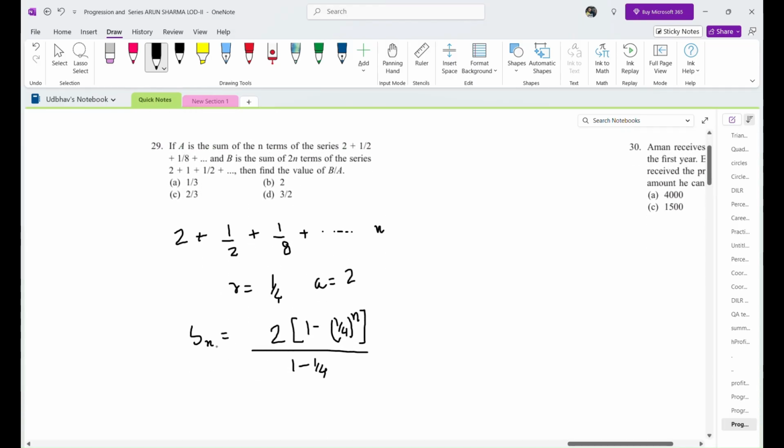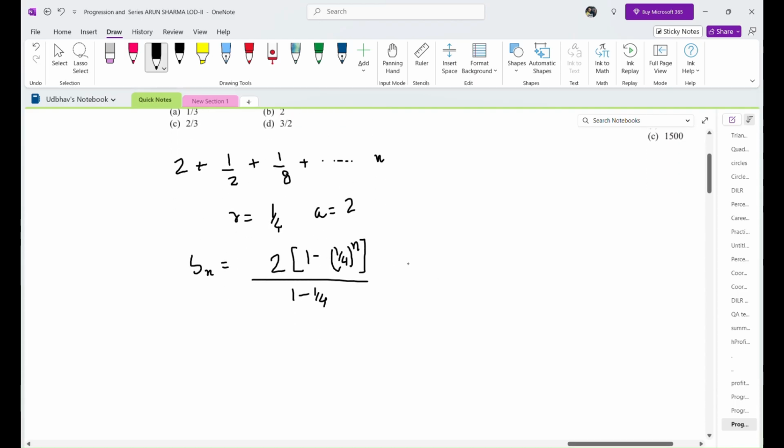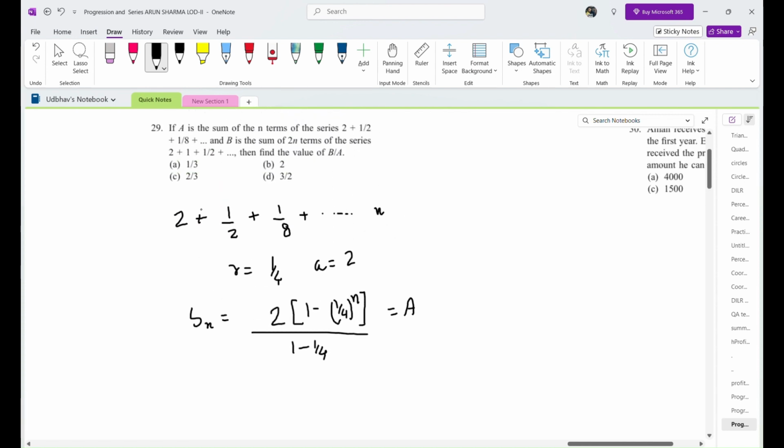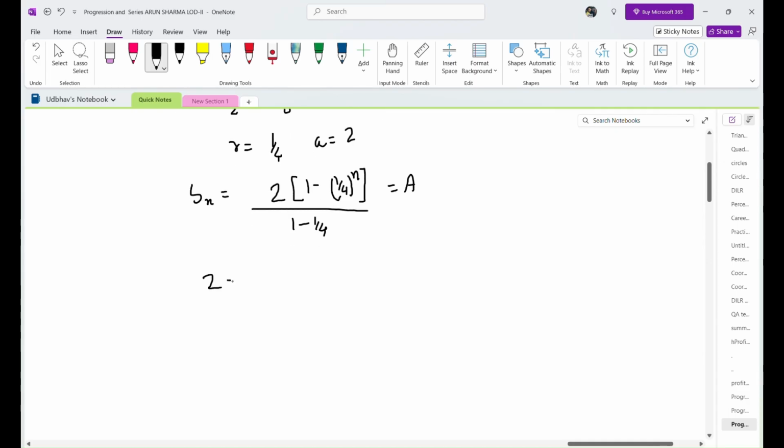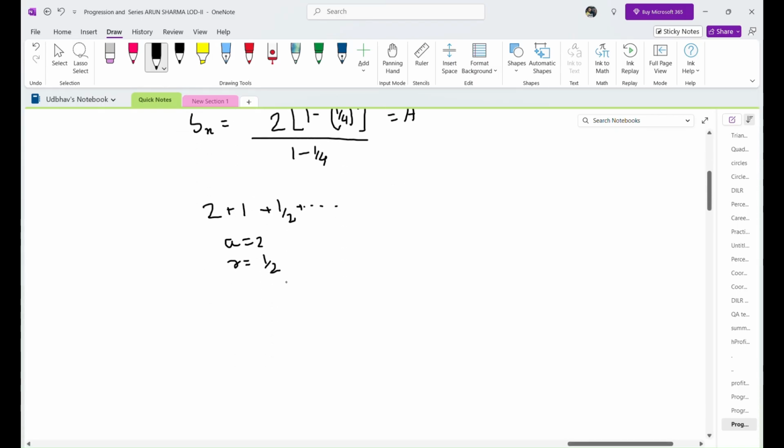So this is Sn for this, and we are given that this is equal to a. Now see the other thing. The other series is 2 plus 1 plus 1 by 2 and so on. This is indeed another GP with a equals 2, but here r equals 1 by 2, not 1 by 4.